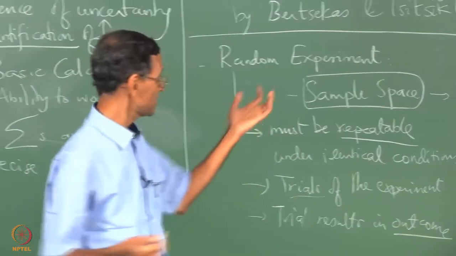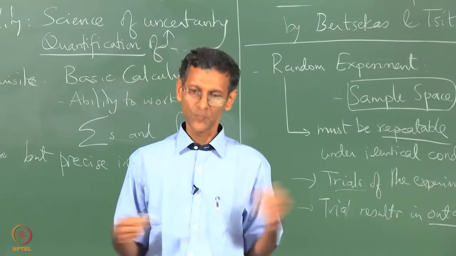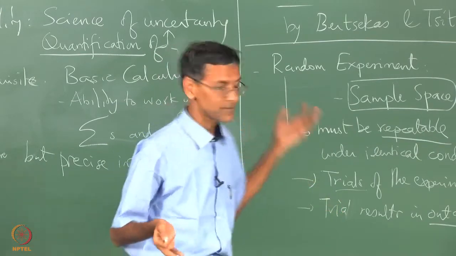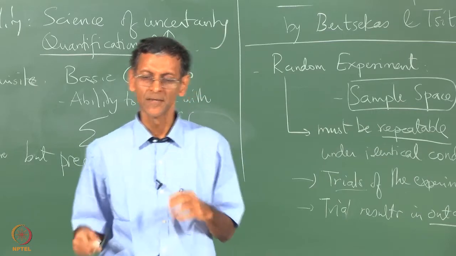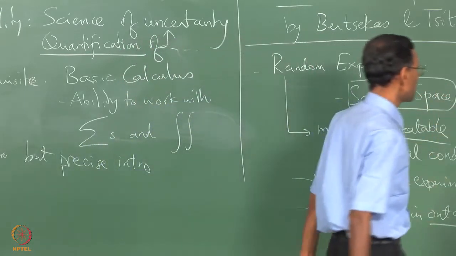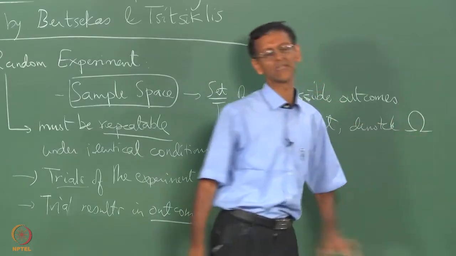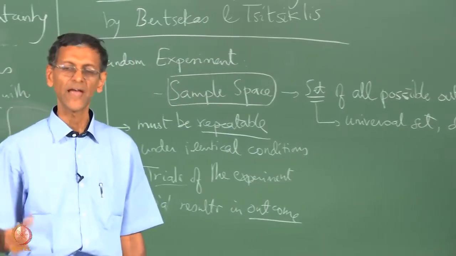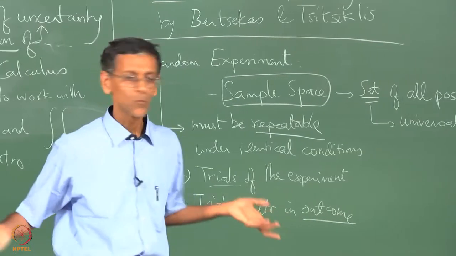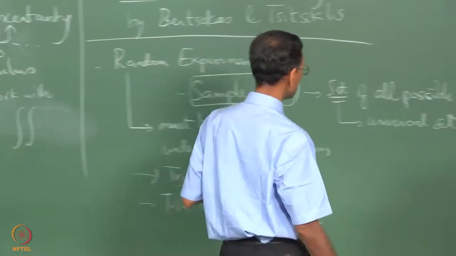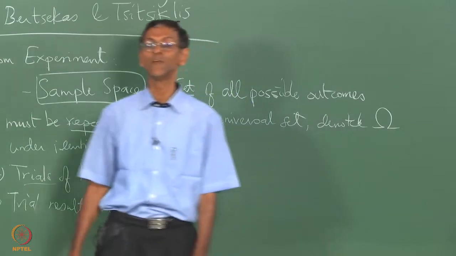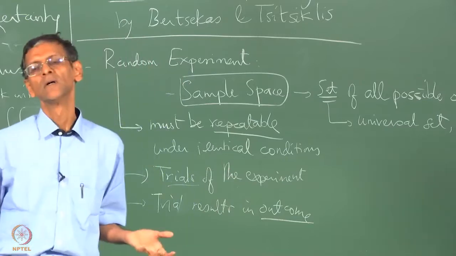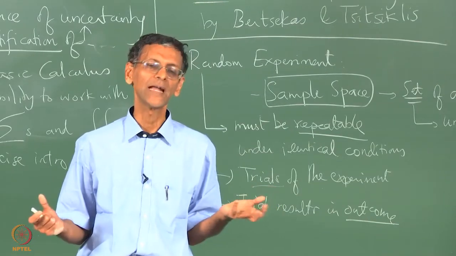I think the usage of omega for the sample space is even older than its usage as a resistive element, but anyway. We will use this notation rather than a letter like S or something, because we can save the S for some more mundane quantity. So we will exclusively use this omega, which is a very important quantity for us because it tells us all the possible outcomes without saying which is more likely or less likely, nothing of the sort.